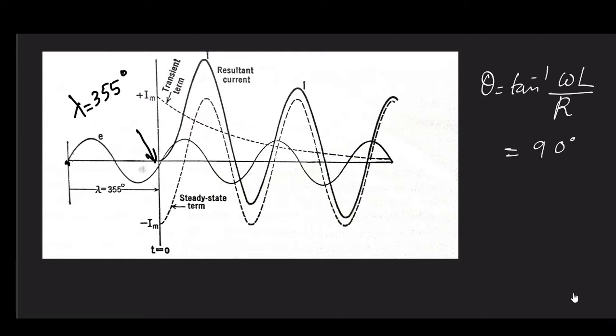Typically it is the point where your curve starts, your Vm sin omega t, if you consider it that way, where omega t is 0, 2 pi, 4 pi.